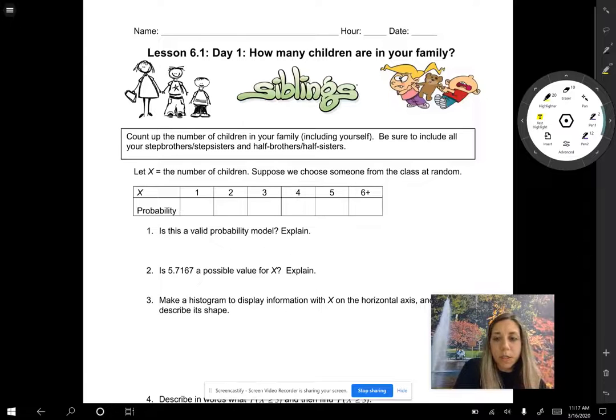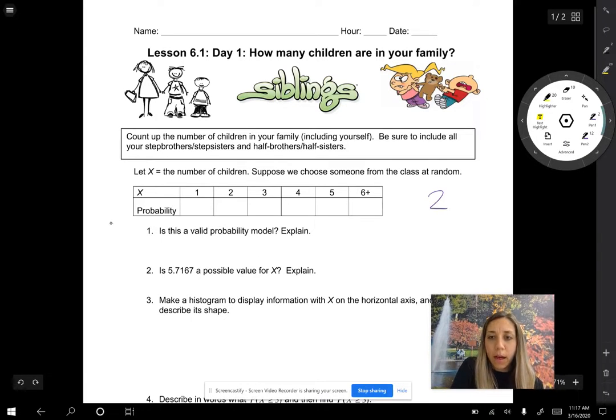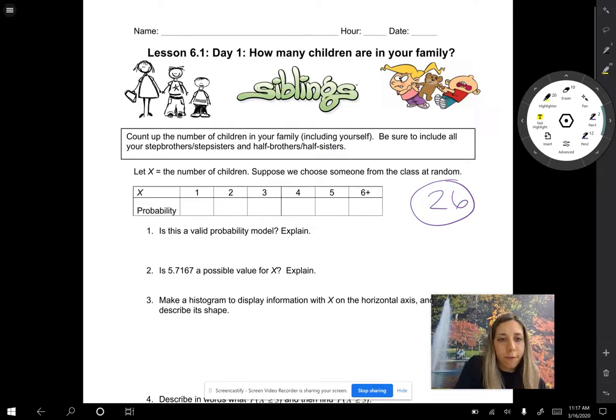So let's just pretend that there are 26 total people in our class, and this is the breakdown I'm going to give for the number of siblings people have.